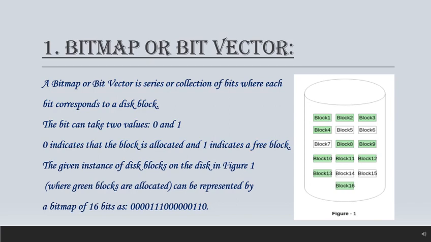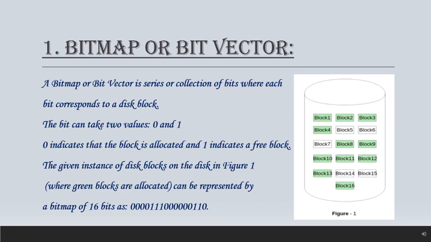So, a bitmap or bit vector is a series or collection of bits where each bit corresponds to a disk block. The bit can take two values, they are 0 and 1. So 0 indicates that the block is allocated and 1 indicates a free block.